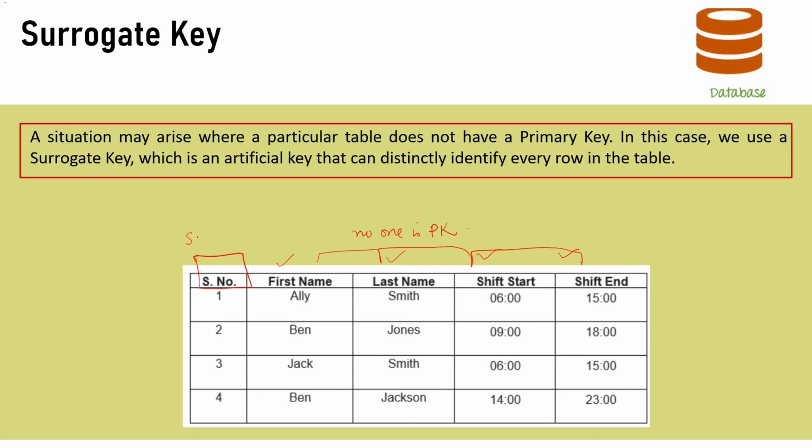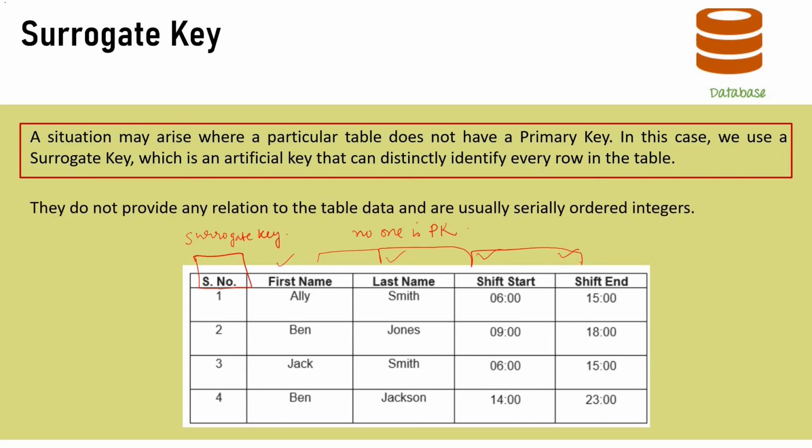This serial number will have 1, 2, 3, 4. So these are serially ordered integers, and these serially ordered integers or serial number can serve as the primary key. So if I give the serial number 1, immediately the first row will be selected, isn't it? So this serial number will be called a surrogate key, because in this particular table, I cannot choose any column as the primary key. Understood?